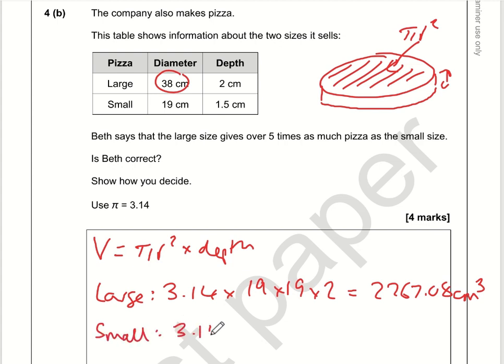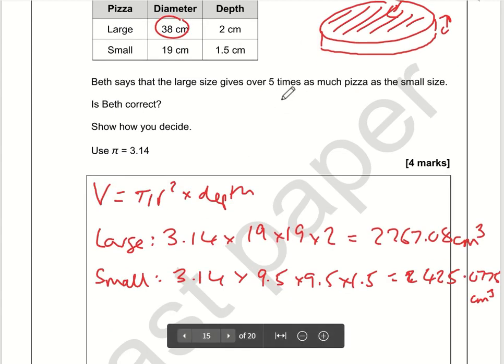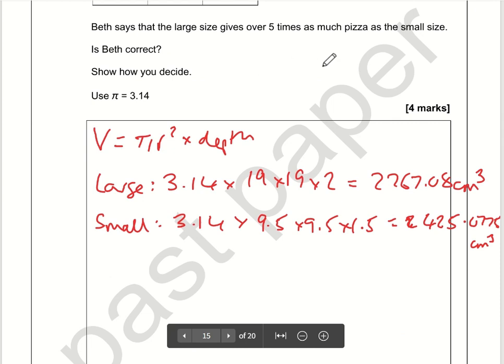So that's 3.14 times half of 19, which is 9.5, times 9.5 times 1.5, and that is 425.0775 cubic centimetres.